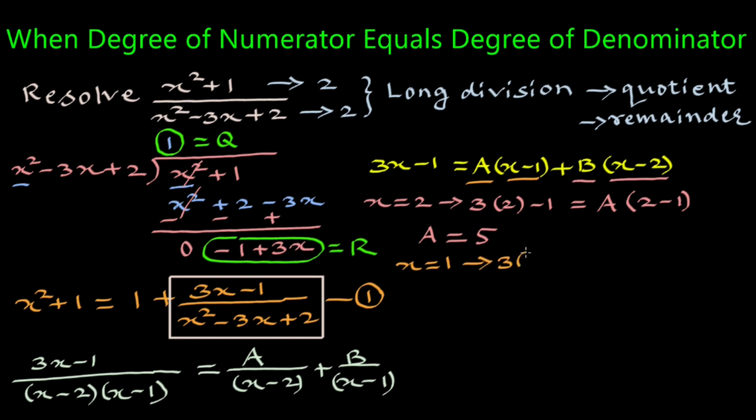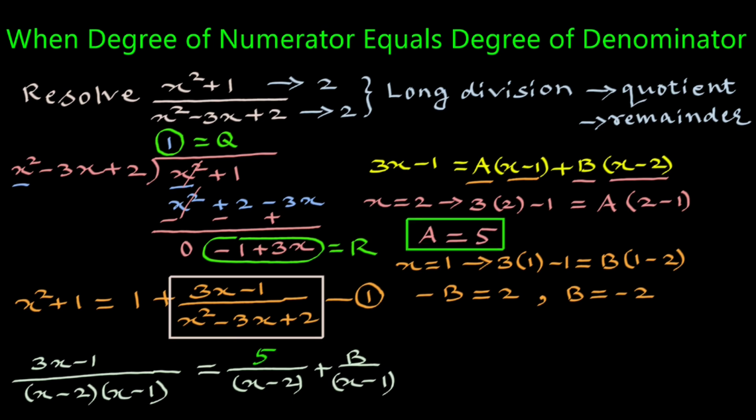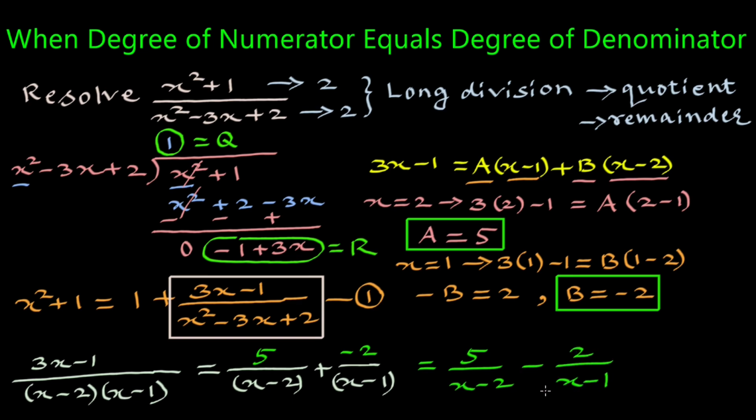That gives 3 into 1 minus 1 equals b into 1 minus 2, minus b will be 2, b equals minus 2. Now to write the partial fractions, we will replace this a by this 5 and this b by this minus 2. So the partial fractions will be 5 upon x minus 2 minus 2 upon x minus 1.